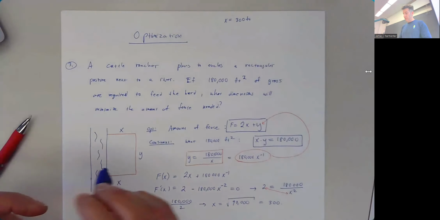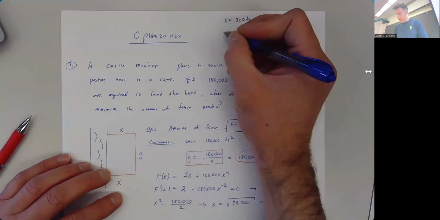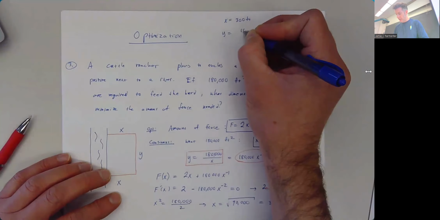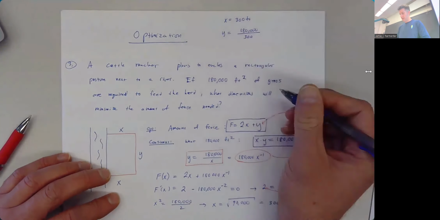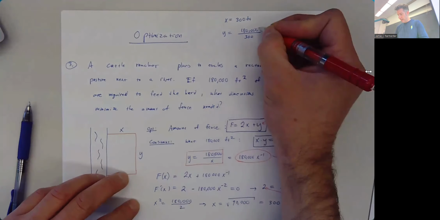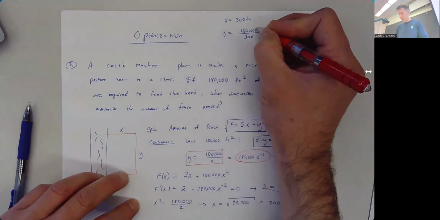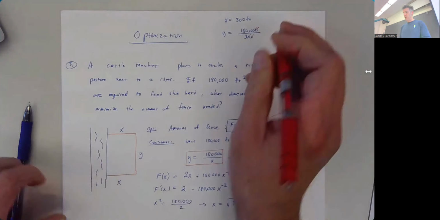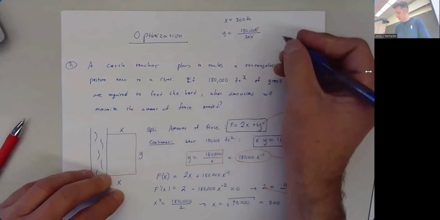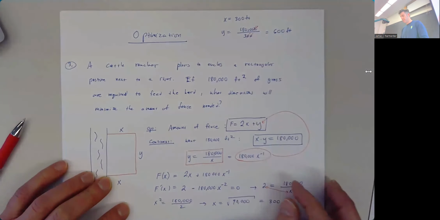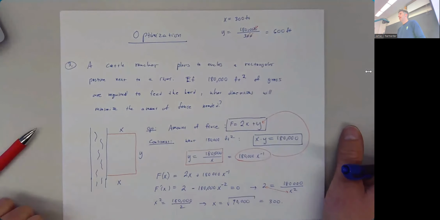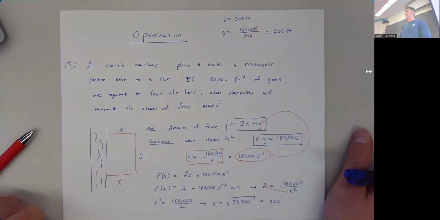So if x is 300, then y is going to equal 180,000 divided by 300, or 18,000 divided by 30, or 1,800 divided by 3, which is 600. So y is going to be 600 feet. And usually you can get away with just saying that's your answer.